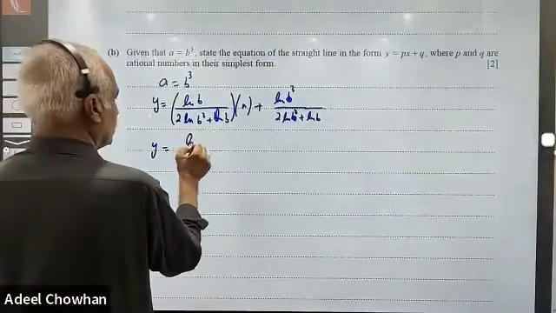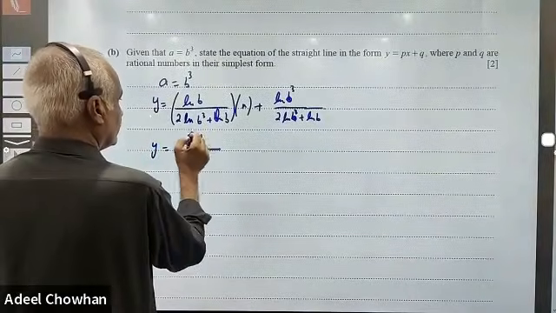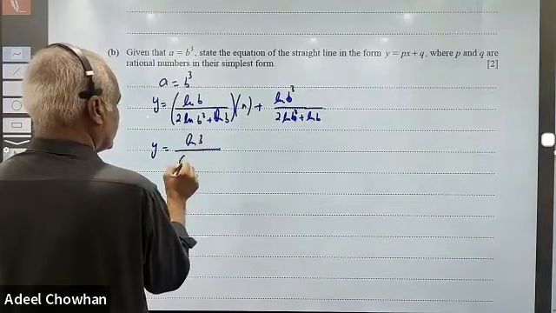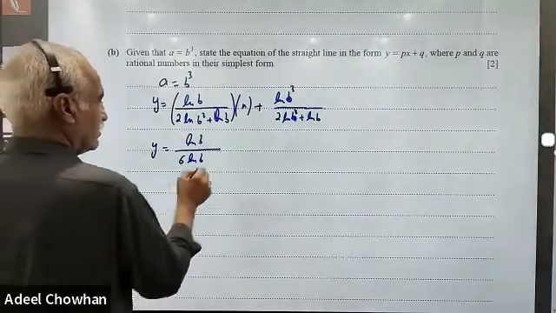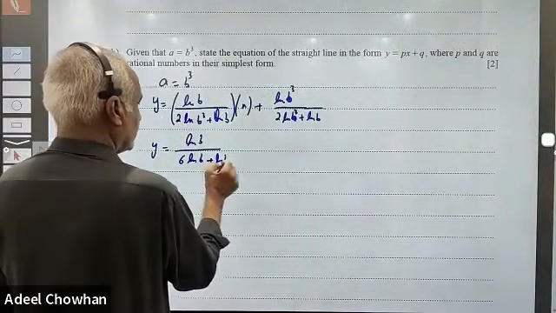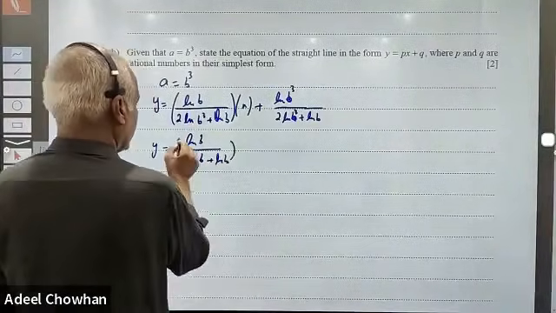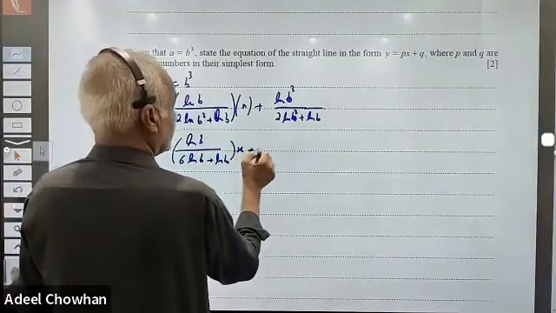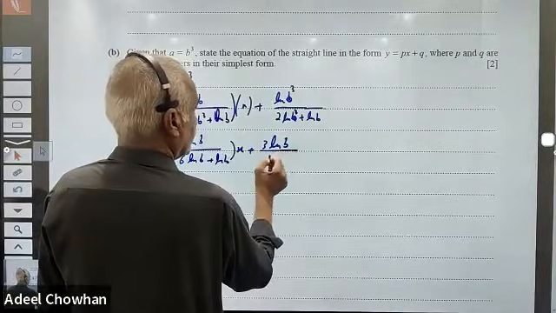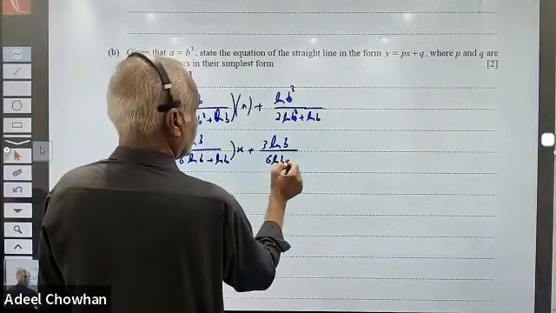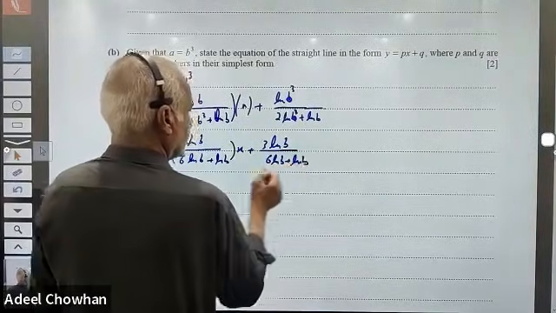Y is equal to log of b over 6 log of b plus log of b, taking the power to this coefficient, into x plus 3 log of b over 6 log of b plus log of b.